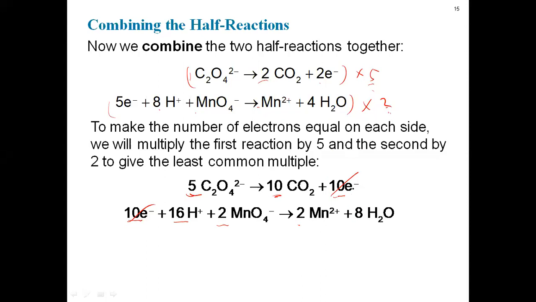Once we multiply both equations by the numbers, we get these two new equations. In these two new equations, one thing for sure is the number of electrons are the same. So when you add them, one equation has the electrons on the right, the other equation has the electrons on the left, so they cancel out.